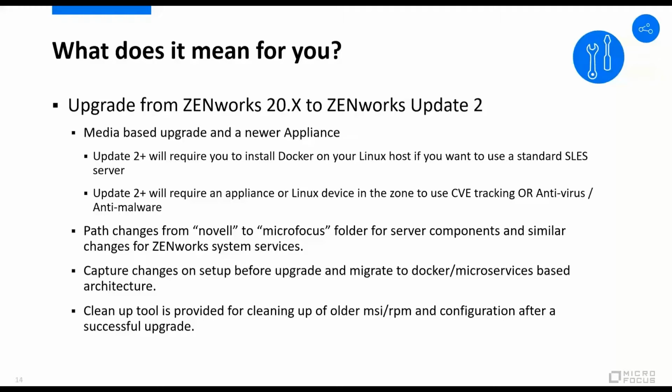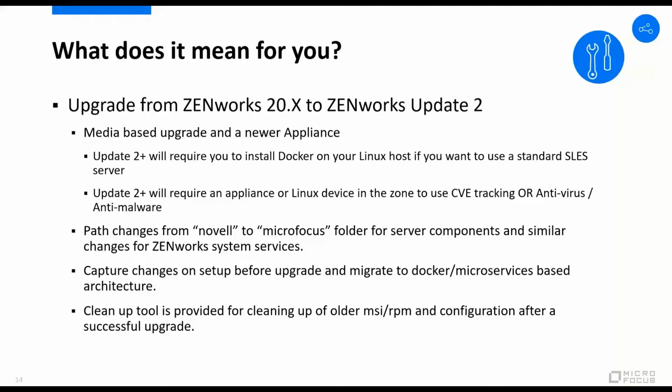Another key thing, which most likely you're going to notice most, is that we have adopted a path change from Novell to MicroFocus. As you may be aware, almost everything for us was essentially under /opt/novell. Now all those files and directories which constituted ZENworks are going to move to the MicroFocus folder. Do note that this is only applicable to the server components, and the agent components are still going to reside in the /novell directory.